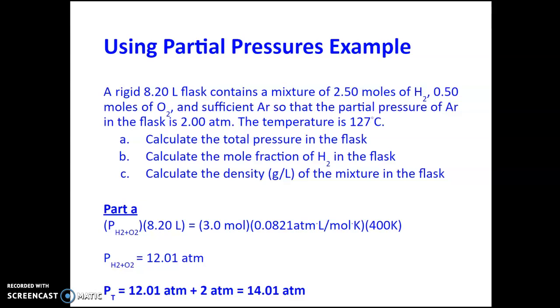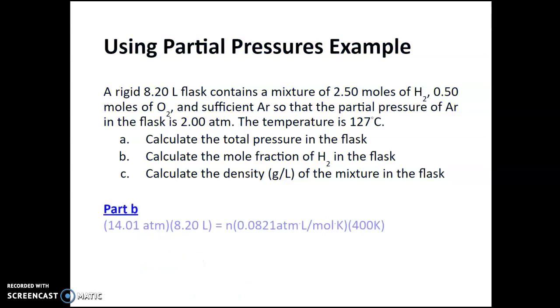Now I need to find the mole fraction of H2 in the flask. That means I need to figure out the total number of moles in the flask so that I can find that mole fraction. So to do that, I'm going to use my total pressure that I just found and solve for the total number of moles in the flask.